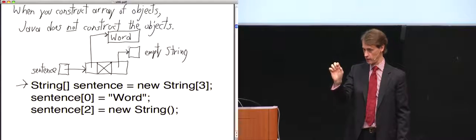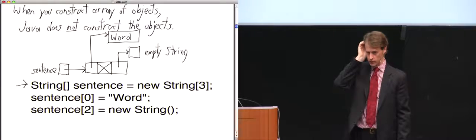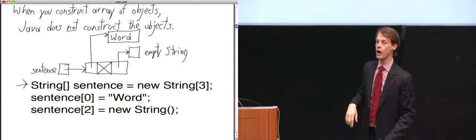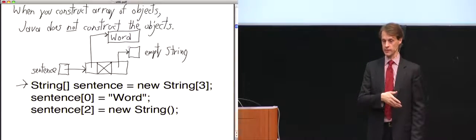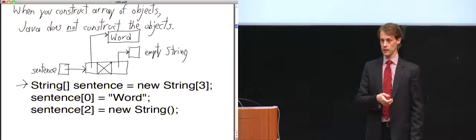If you try to compare, did you say a string with another string? Oh, you can compare a null pointer with a string reference. It would be false, so it's not an error.